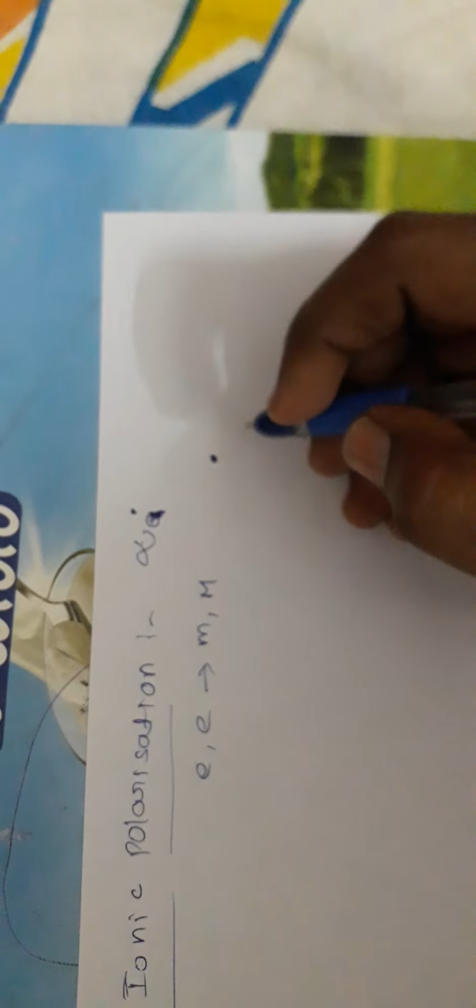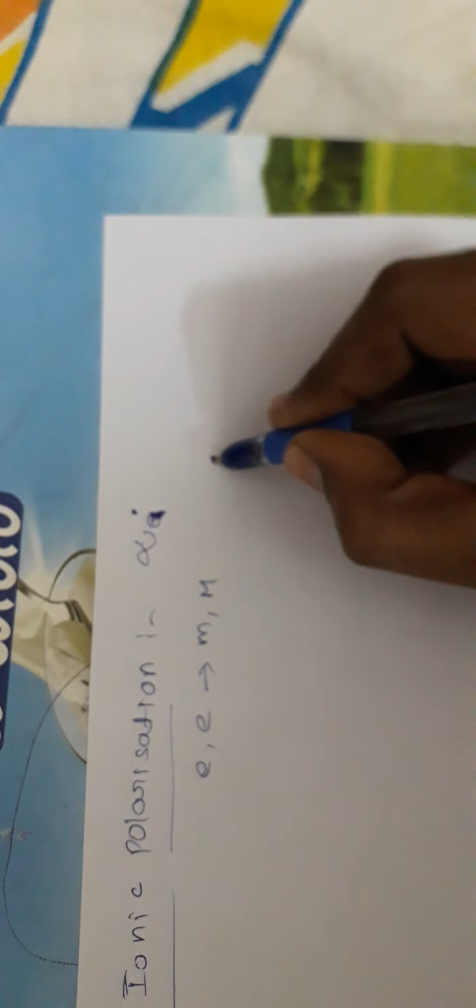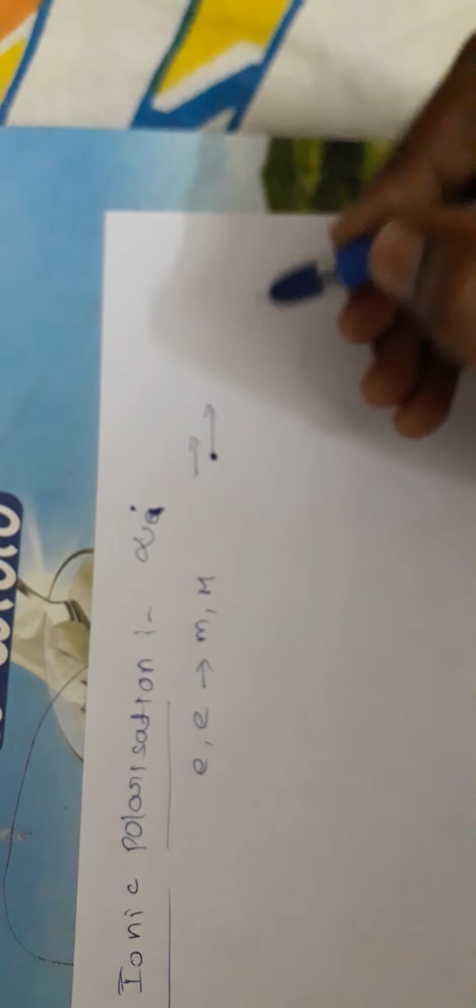Now the charge of the positive ion and negative ion we take as E, the mass of the positive ion is small m, and the mass of the negative ion we take as capital M. Initially these two are at the same place. Now when the field is applied, the positive ion moves along the field direction, and the travel distance we consider as x1.